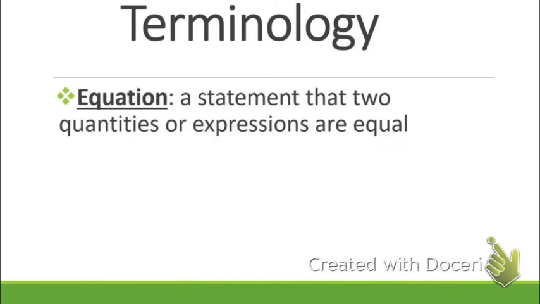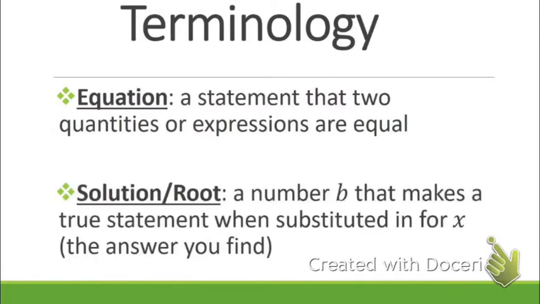Equation: a statement that two quantities or expressions are equal. And then a solution or a root is some number b. I don't know what that number is, but I'm going to call it b for now. That makes a true statement when it's substituted in for x, or whatever variable we're solving for.